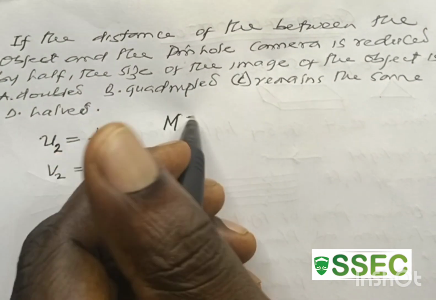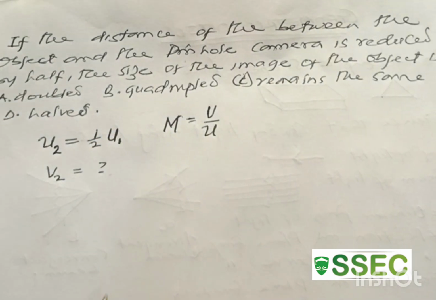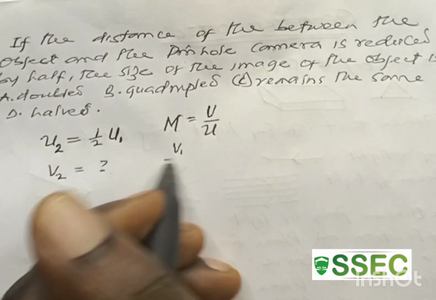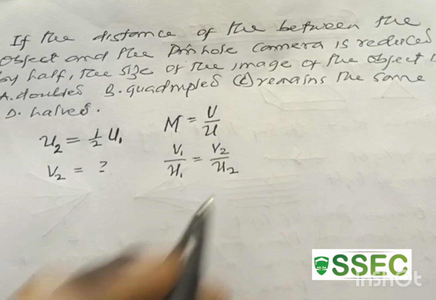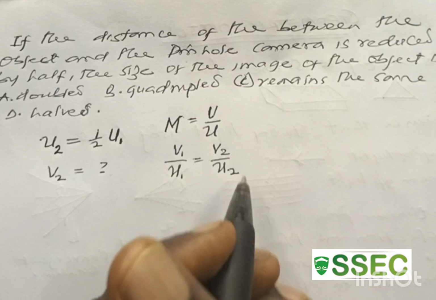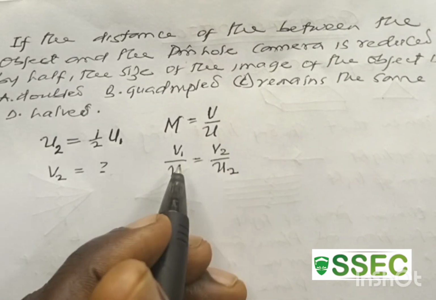We know that magnification equals V over U. So we can now say V1 over U1 equals V2 over U2. So we are looking for V2. We can make V2 the subject of the formula.